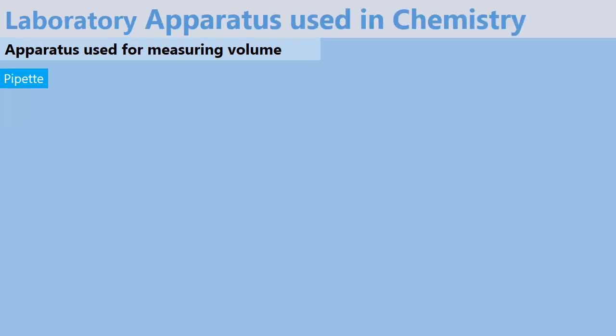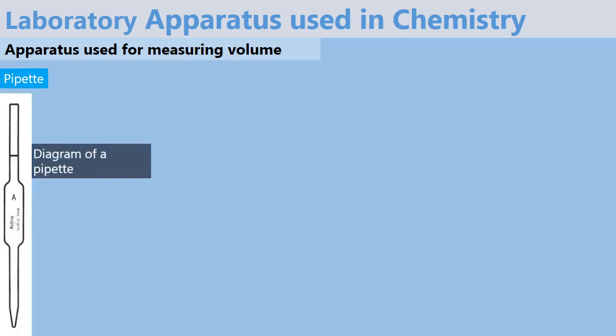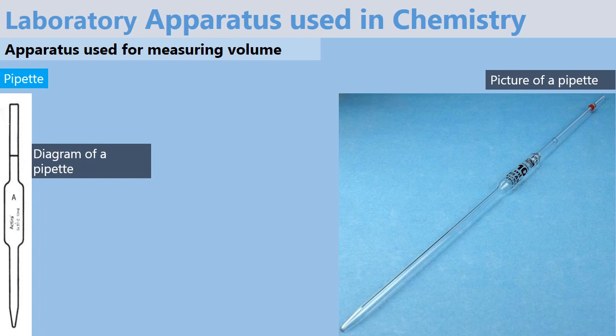Next, we have what we call a pipette. Here is a picture, a diagram, and here we have a picture. Notice there is a certain line right here which we call the mark on the diagram and on the picture, as you can see me highlighting. This mark indicates the level of liquid or solution that should be filled in the pipette.